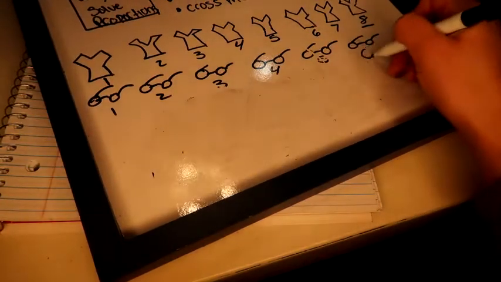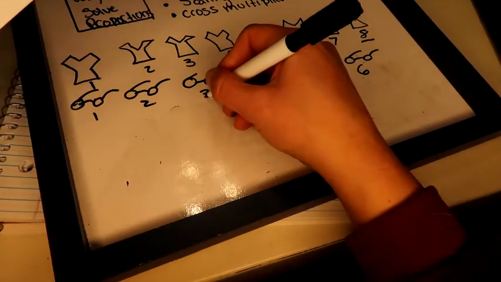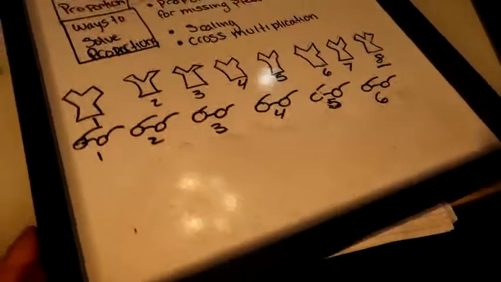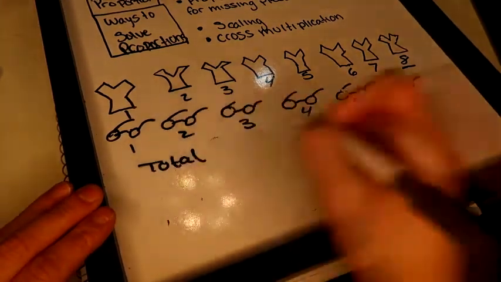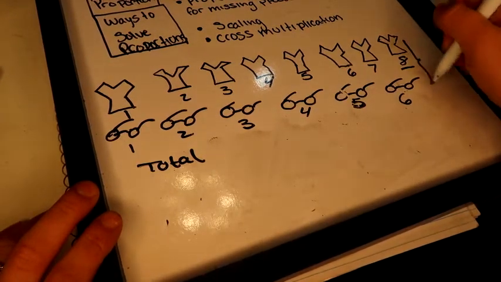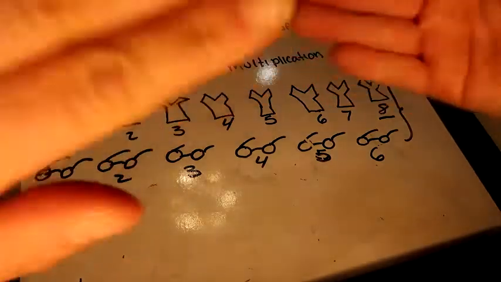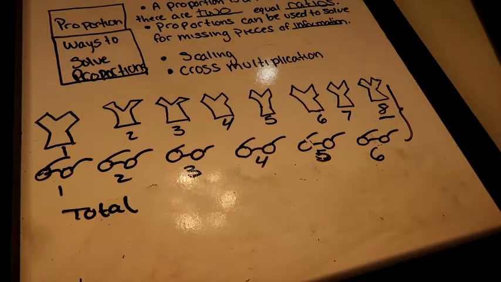Oops, I went a little crazy and erased some of my numbers. I'm just going to put those back. So the first thing is we have the word total again. Total means we're going to add all of this together. We're going to combine the jackets and the goggles together. So just put them all together. So 8 plus 6 is what?